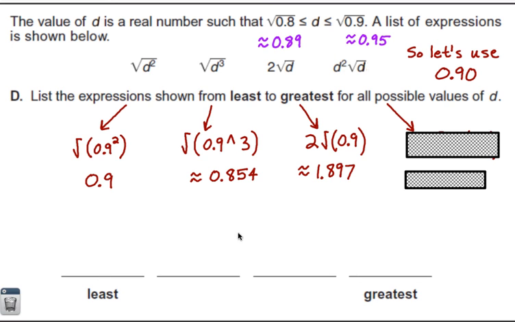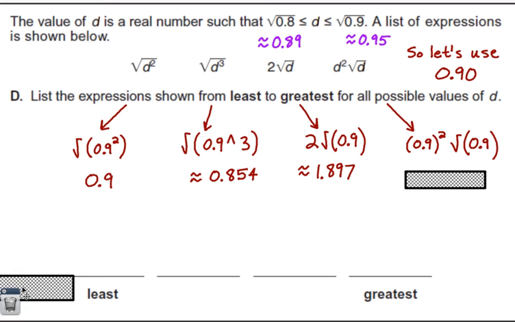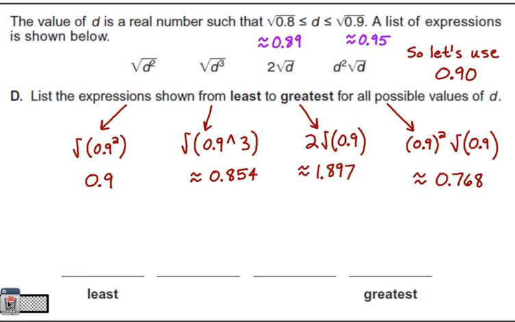The other two here shouldn't be as tricky, I think. And once again, you want to see what they all are as decimals, so you can much easier put these in order from least to greatest.